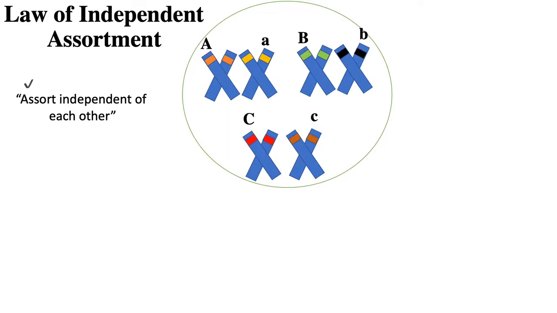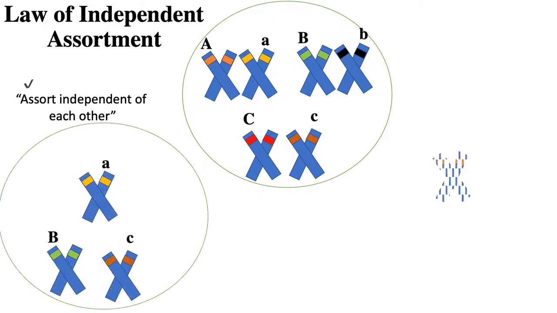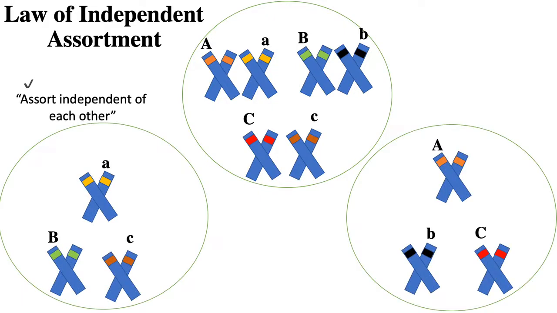So here the alleles of the gene set capital A, small a will assort independently to the other two gene sets. And remember, it is not mandatory that all the dominant alleles will get assorted in the cell together. So the allele capital A can get assorted with any allele from the gene set capital B, small b, or you can say capital C, small c.